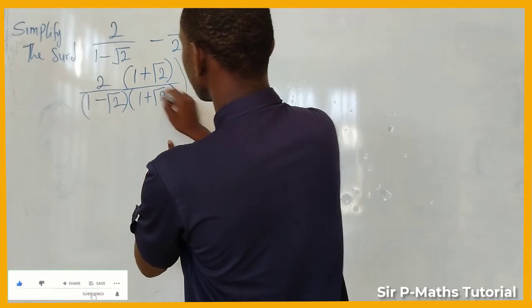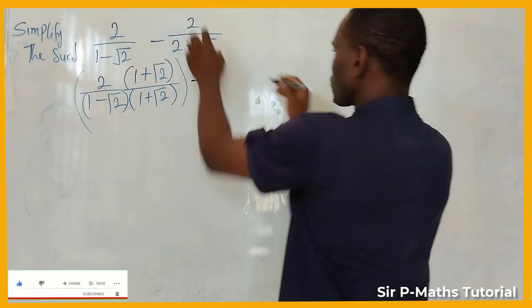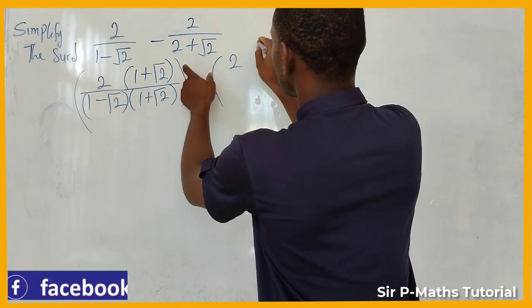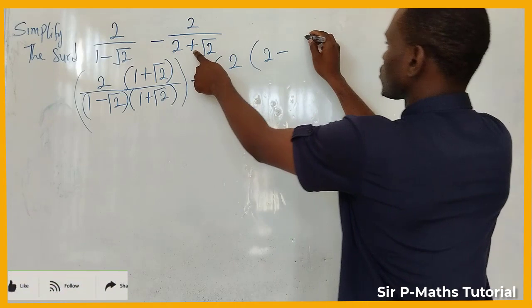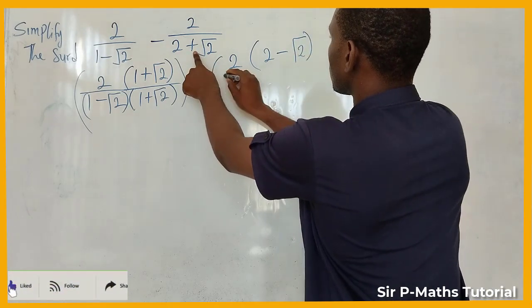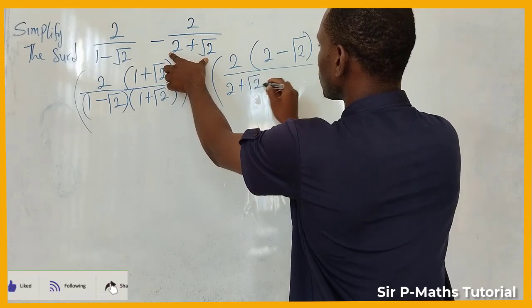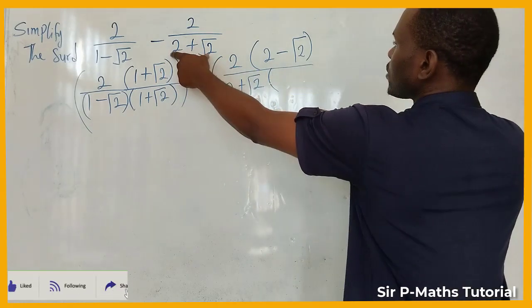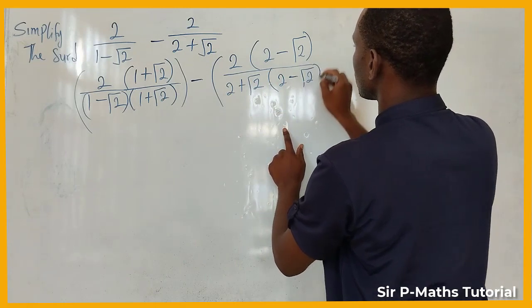Minus, I'll have to put it into brackets because this minus affects everything that will happen here. So I'll have 2 into this denominator 2, changing it to minus root 2, all over. I'll bring this guy, 2 plus root 2, open a bracket, place the same guy inside, 2 minus root 2.